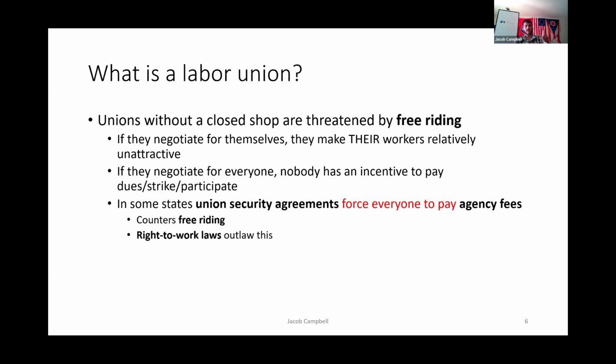It can at least go towards paying the union bosses and paying the administrative upkeep, forcing these people to pay part of their own share. And they call these fees agency fees.